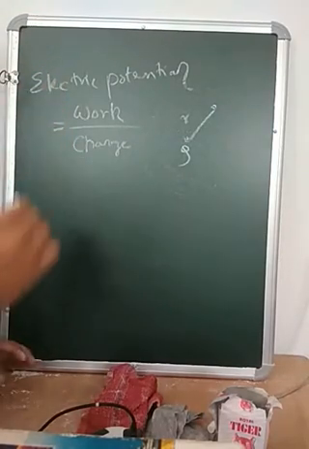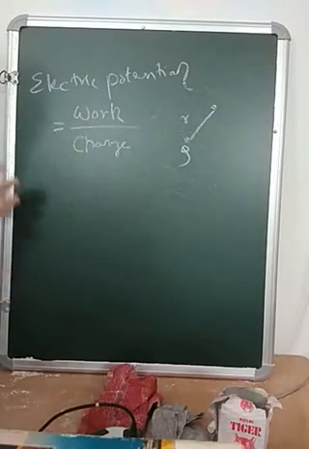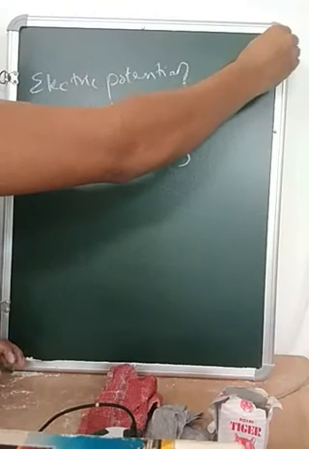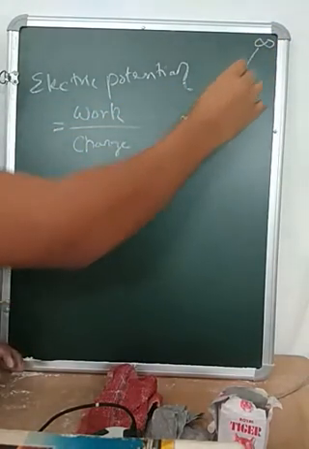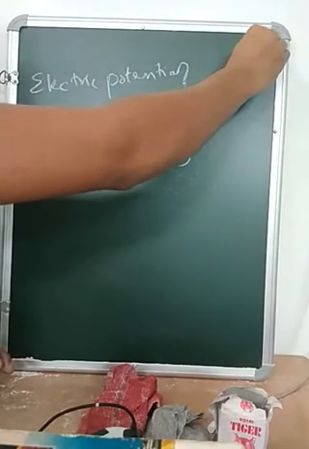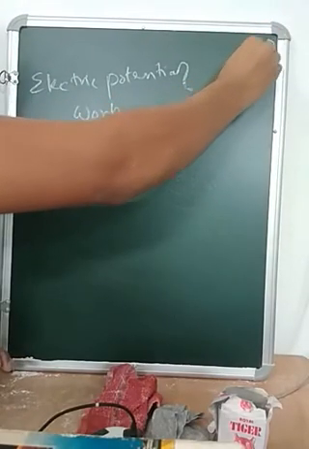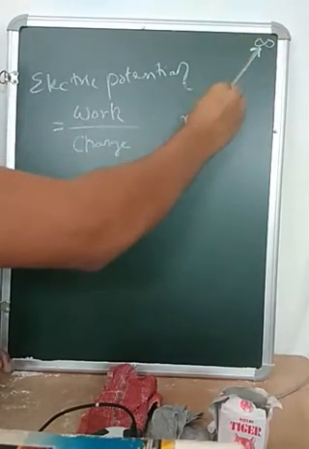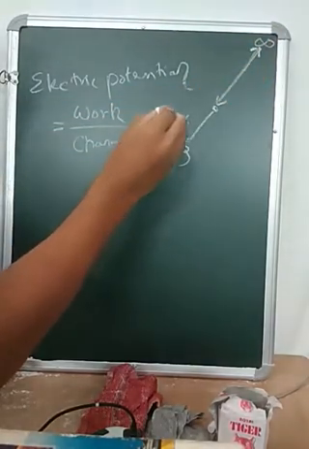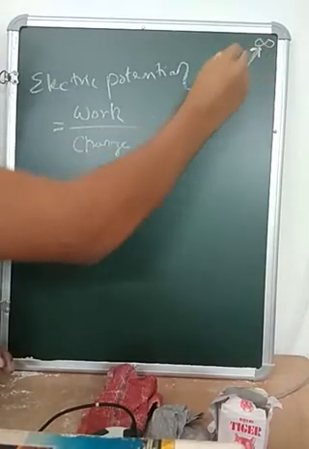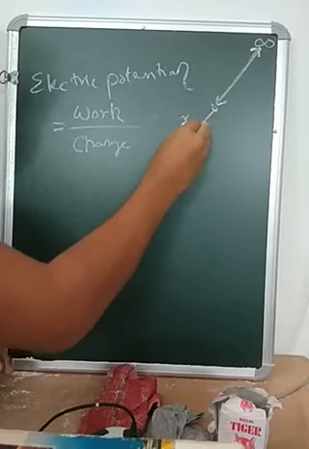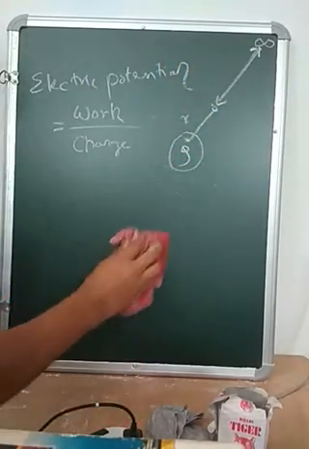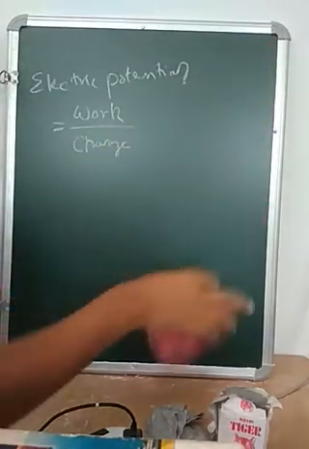The electric potential is the work done in bringing a unit positive charge from infinity to this position. So we have to calculate the work done for bringing a unit positive charge from infinity to this position. This will be the electric potential of this Q charge at a distance r.